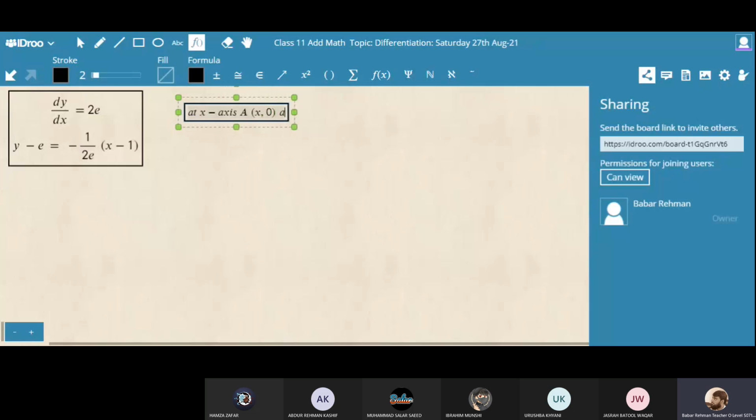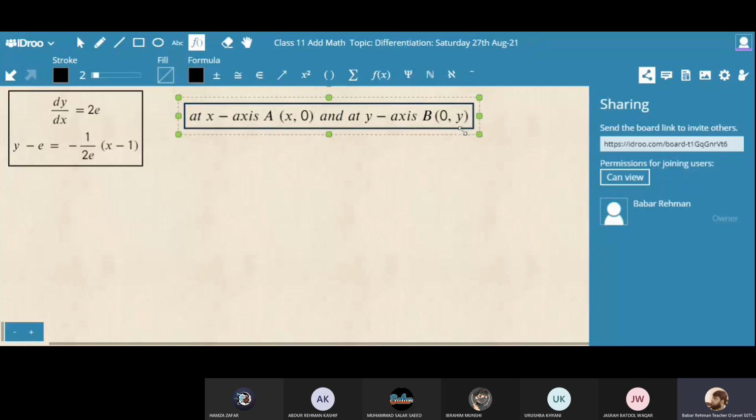And at the y-axis, point B, x is 0 and y is y. So this is the important thing that we consider.